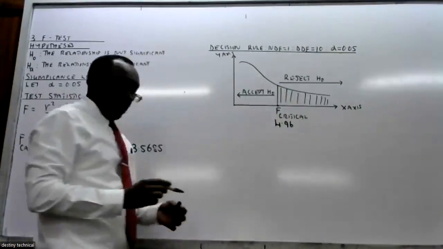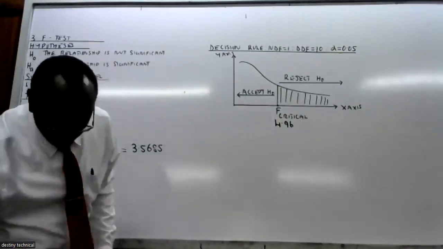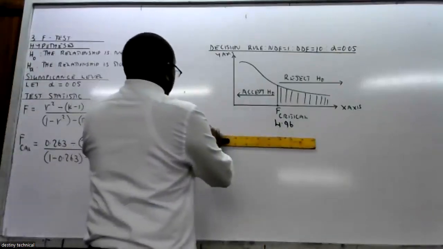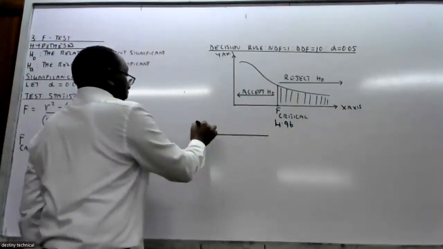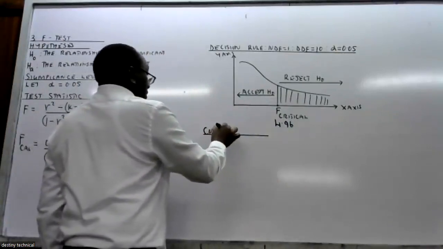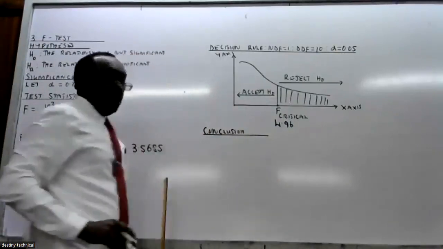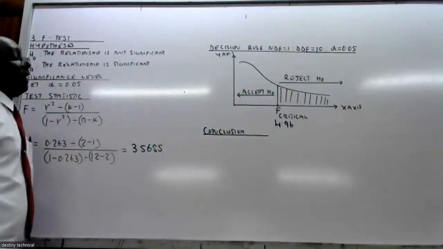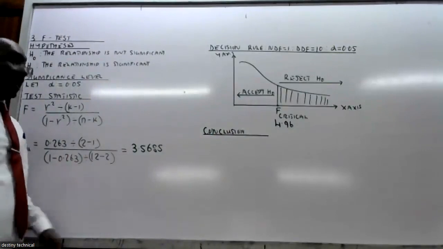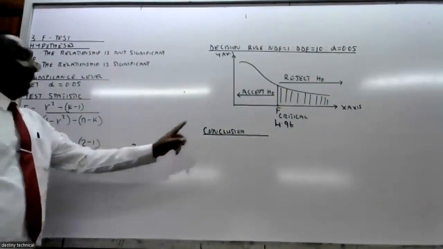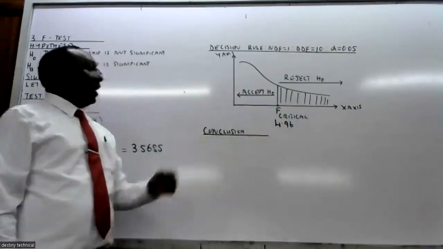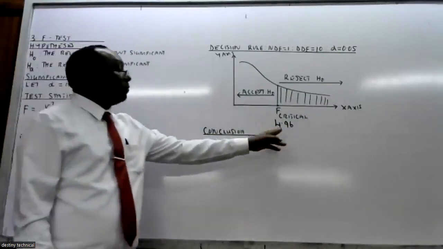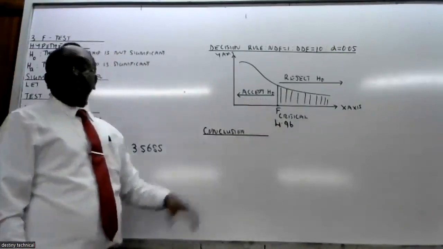So once you write that, we proceed to the next step, which is called conclusion. Now, conclusion: you simply check this one against this. And as you can see, this one is on the lower side because it is 4, and the lower side says we accept null.